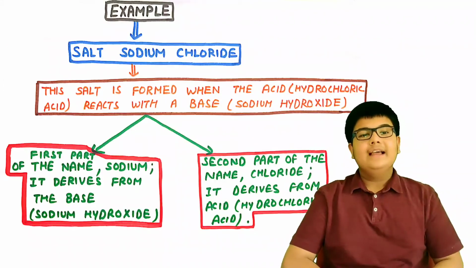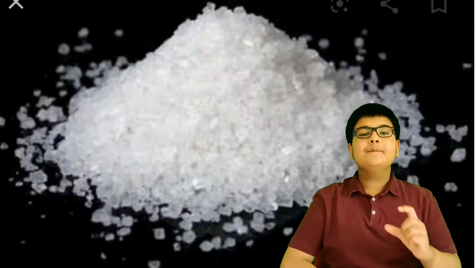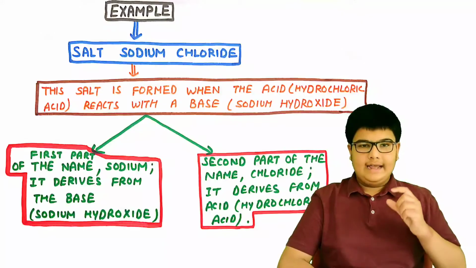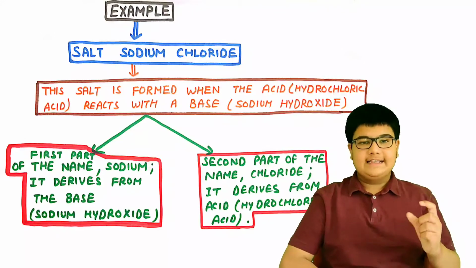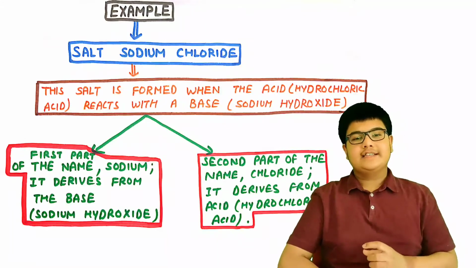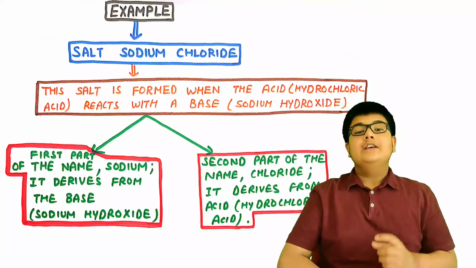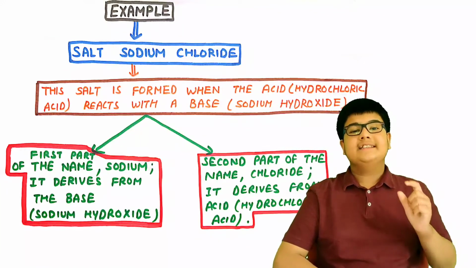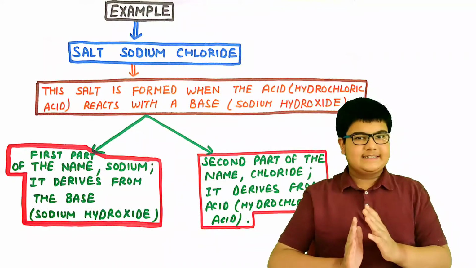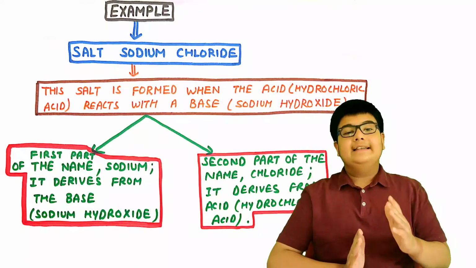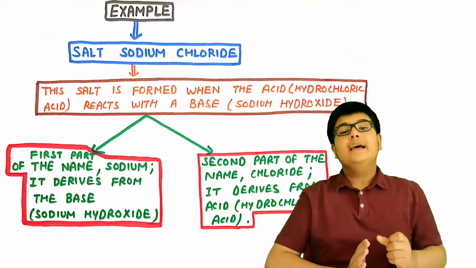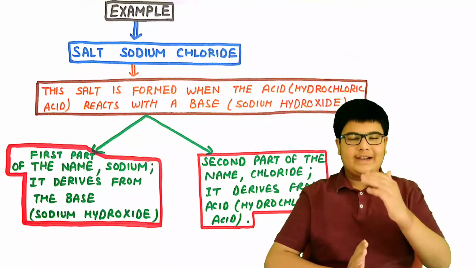For example, sodium chloride is formed by the reaction of hydrochloric acid, which is an acid, and sodium hydroxide, which is a base. So the first part of its name, sodium, is derived from the name of the base, sodium hydroxide, and the second part of the name of the salt is derived from hydrochloric acid, that is chloride.